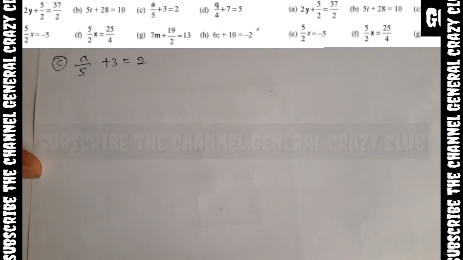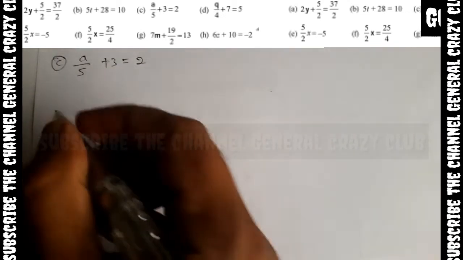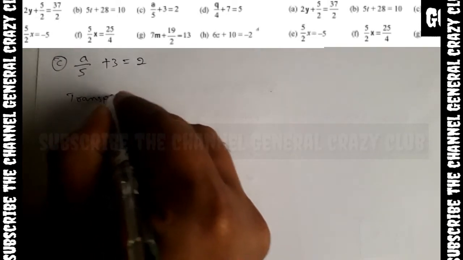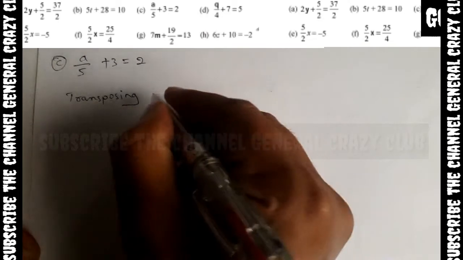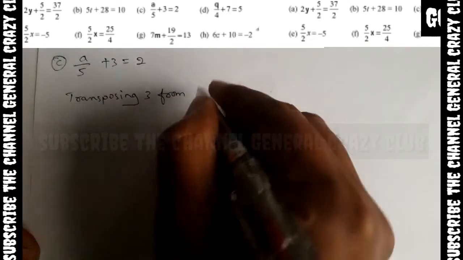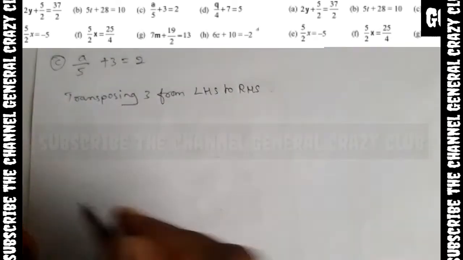In that exercise, third question, a by 5 plus 3 is equal to 2. Here transposing, which one? Plus 3 from LHS to RHS.